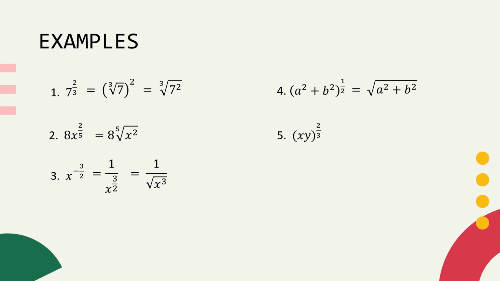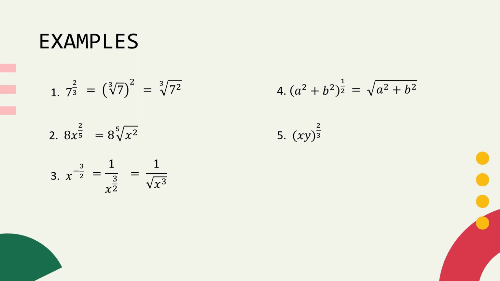And for our last example, we have here quantity xy raised to 2/3. Same as in example number 4, xy is entirely raised to 2/3. Therefore, xy will be our radicand, wherein 3 will be our index, and 2 will be our power.